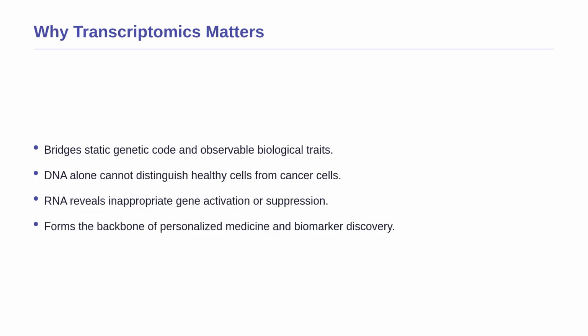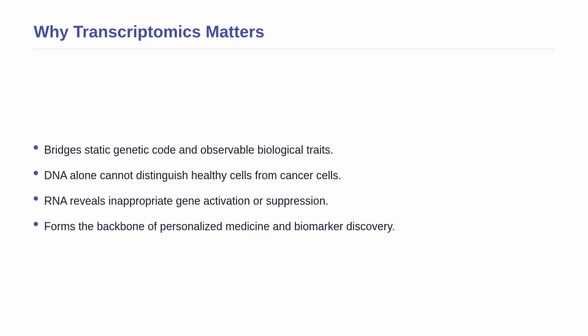This dynamic snapshot leads us to a critical question. Why is this so important? Understanding the transcriptome is absolutely critical because it bridges the gap between static genetic code and observable biological traits.